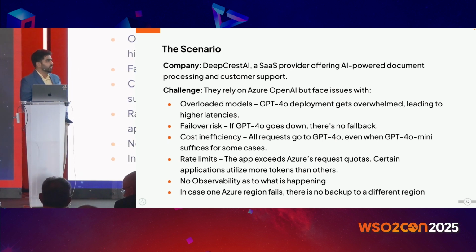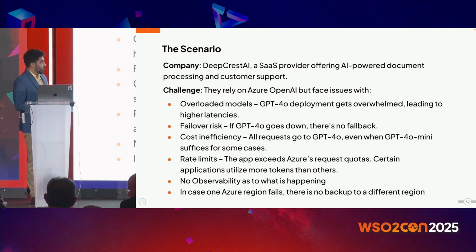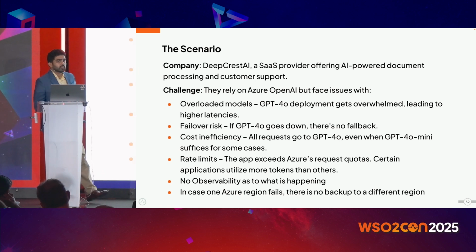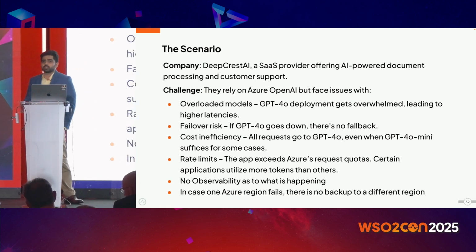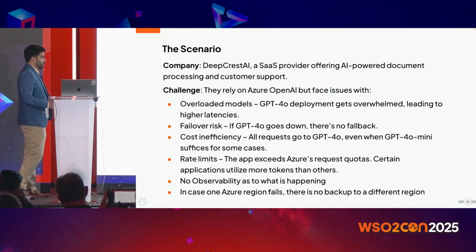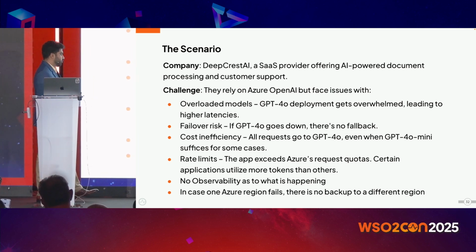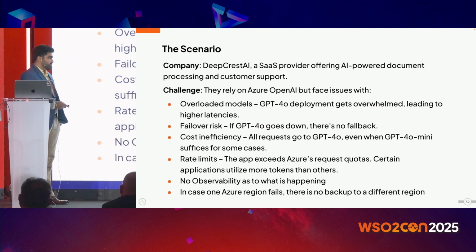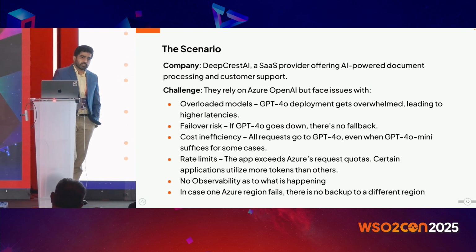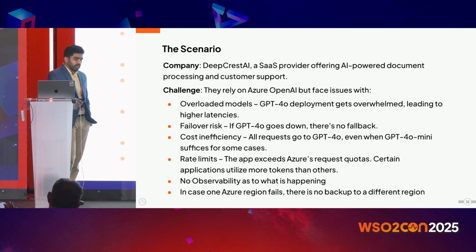In case there's an error with the backend, the customer's use cases get disrupted. There's also the problem with cost efficiency, as I discussed before. For every request, if we start invoking 4o, it can be a huge burden to the company and incur very big costs. And also rate limits, as I mentioned before. There can be certain application teams who utilize a lot of data, which isn't fair to other teams because they don't utilize that much.